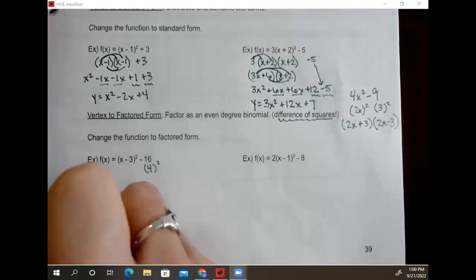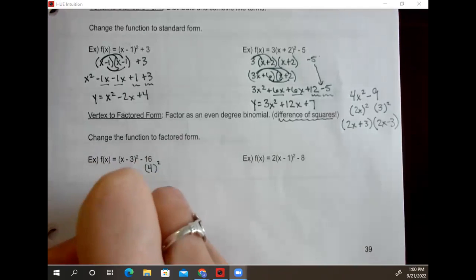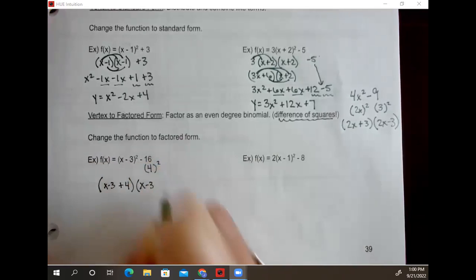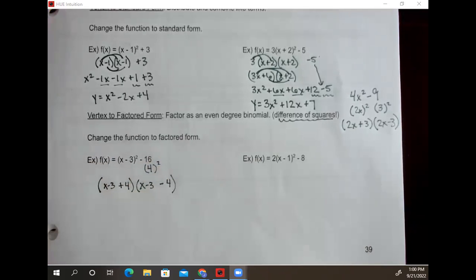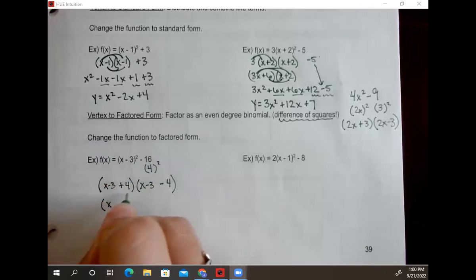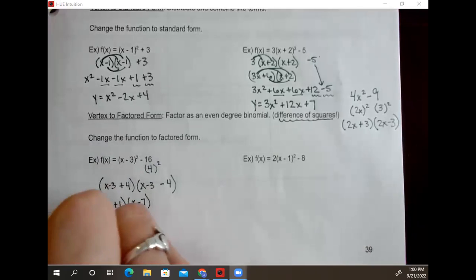So this would be the first thing, which is x minus 3, plus the second thing, which is 4. And then the first thing again, x minus 3, minus the second thing. The only extra step I have here is to combine like terms and tidy up my factors. So this would be x plus 1 and x minus 7 for my factored form.